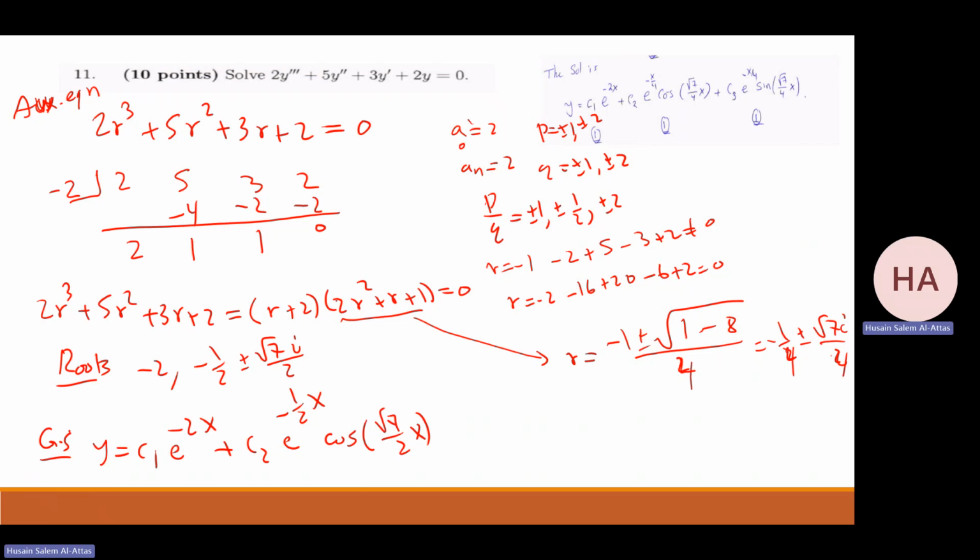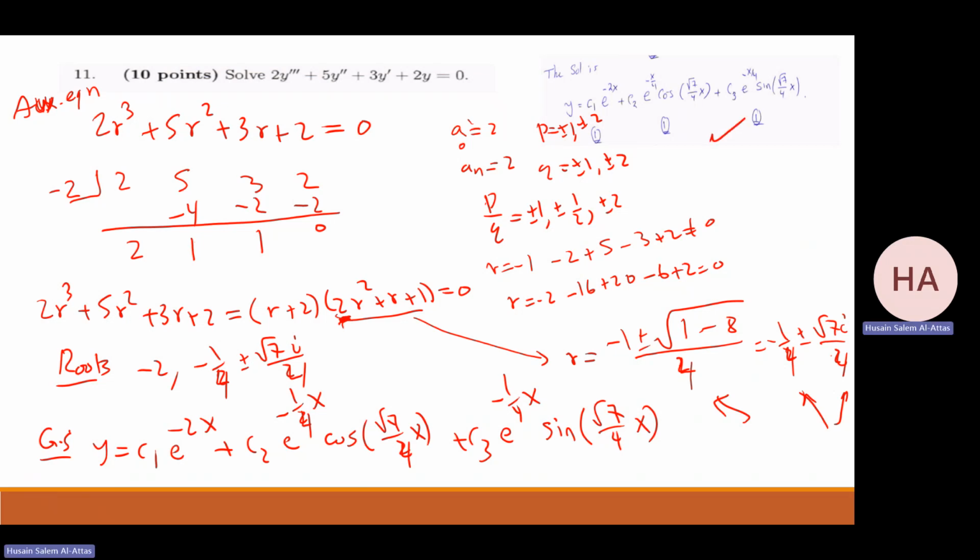Since a is 2, so this is 4. That will be 4. So e to the minus 1 over 4 x sine square root 7 over 4 x. Yeah, a is 2, and usually you have a is 1, so we write 2, but we need to be careful. The denominator should be 4. That will be the answer.